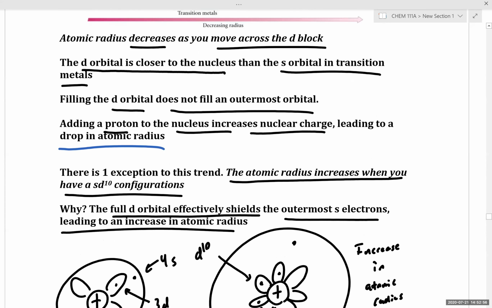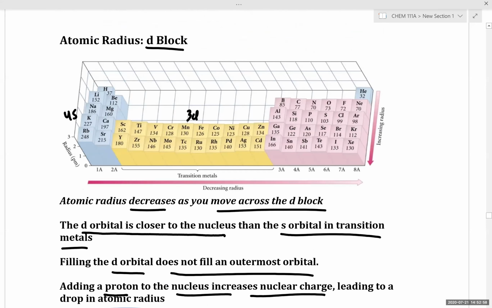Okay, and we can actually see this in the periodic table, and this is where we got the first inklings of D10 configurations. As you notice, silver, copper, zinc, cadmium, and palladium, we see this large increase in radius, and that's because we have D10 configurations.